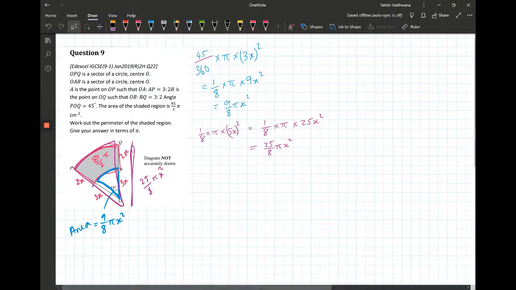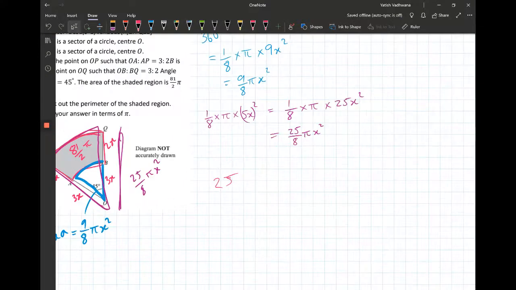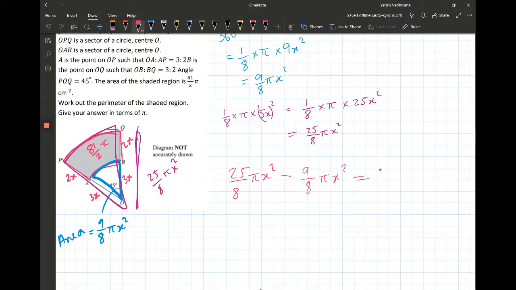This becomes the purple area, 25 over 8 pi x squared, take away the blue area, which is 9 over 8 pi x squared, equals the grey area, which is 81 over 2 pi. Now from this, we can see if we can actually work out the value of x.